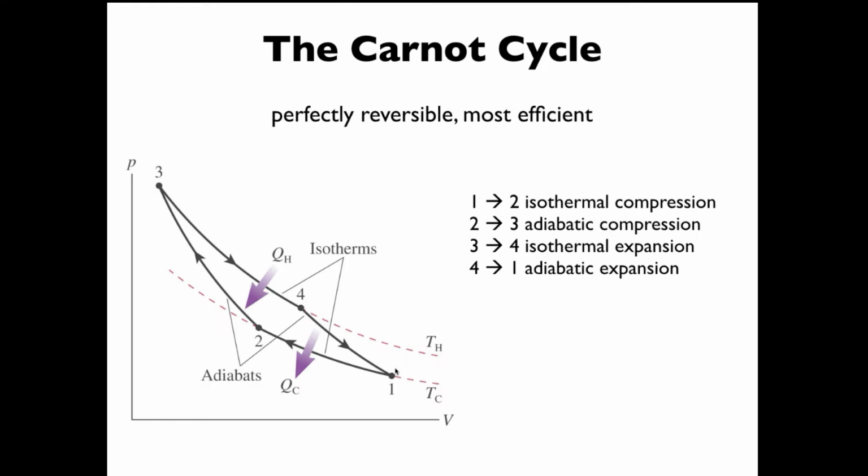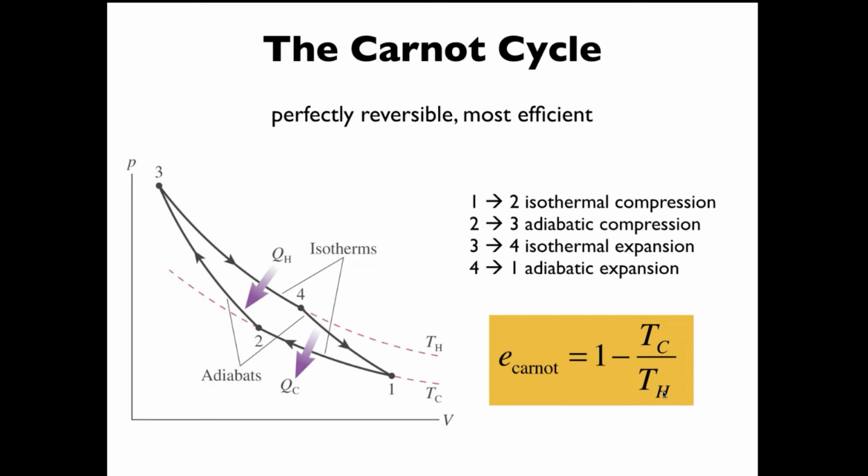So we drew it one way, but we could definitely draw it going the other way because all of these processes can be reversed. So Carnot is the same as reversible, and a Carnot engine with the same hot and cold reservoir temps will have the same efficiency all the time. Here is the equation for the efficiency of a Carnot engine. It's just 1 minus the temperature of the cold reservoir divided by the temperature of the hot reservoir.